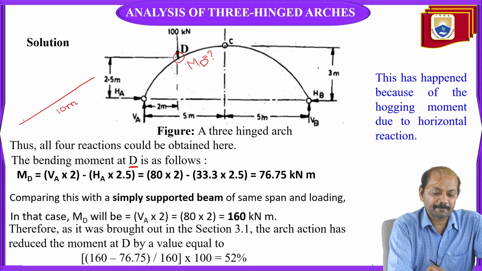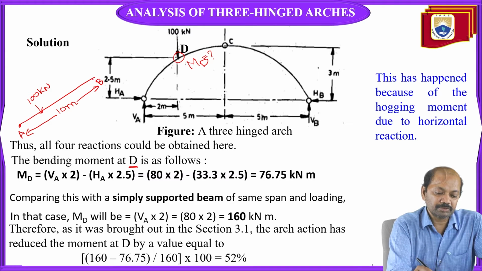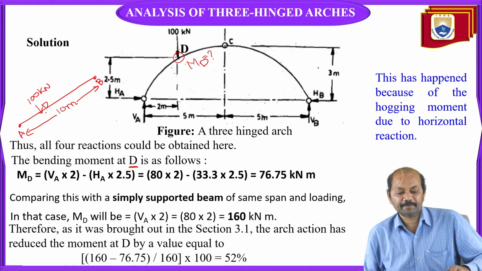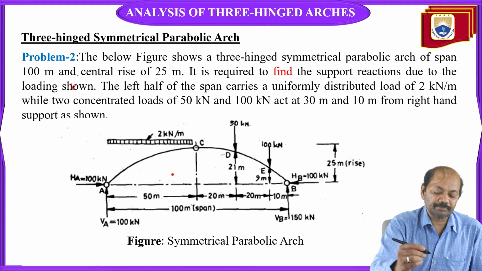Same span and 100 kilonewtons, A, B. Now find out the bending moment at D in the case of the simply supported beam.